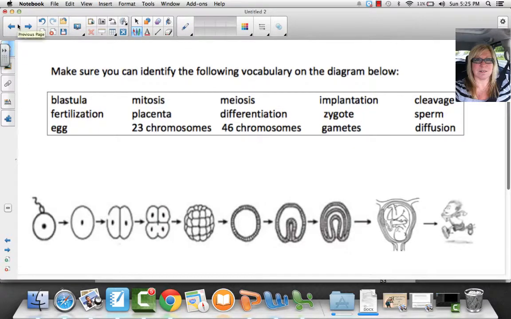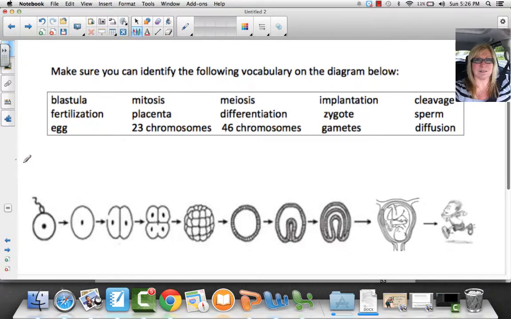Okay, so make sure you can identify the following vocabulary in the diagram below. Well, there's a lot going on here, and we're going to cross these off as we use these.